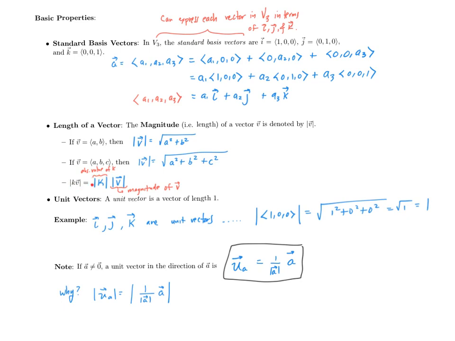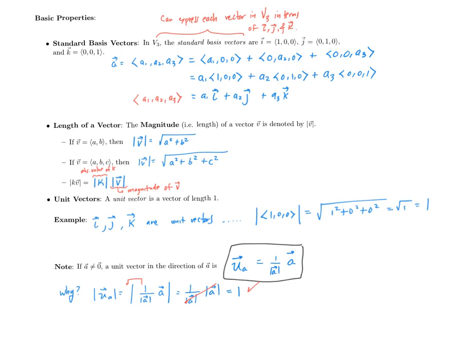We can take the absolute value of that constant, which is already positive, so the absolute value is not even necessary. We can just pull that out front, and then multiply that by the length of A. And here those quantities cancel, and we're left with simply a unit length.